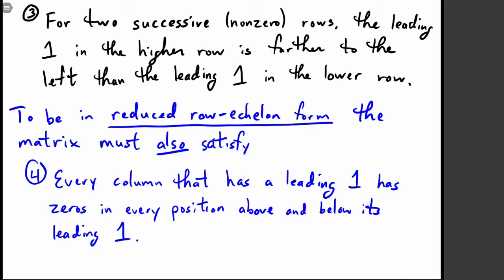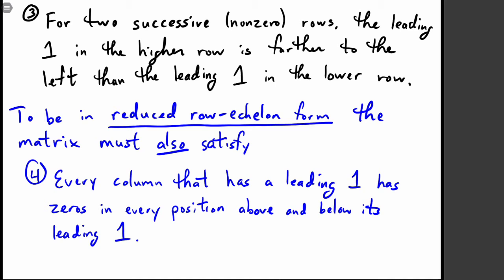But any column that does have a leading 1, everything else in that column needs to be a 0. This is basically when we solved the system of equations and we got one that was just x equals this, y equals this, z equals this. We're trying to do that in the matrix form, and this is like the full conclusion to the algorithm.